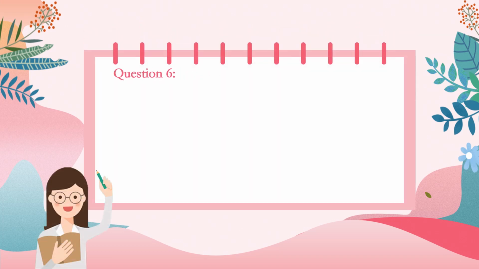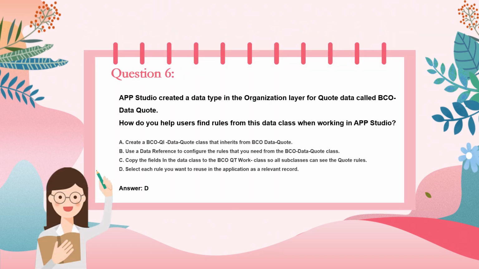Question 6. App Studio created a data type in the organization layer for quote data called BCO data quote. How do you help users find rules from this data class when working in App Studio? A. Create a BCO child data quote class that inherits from BCO data quote.